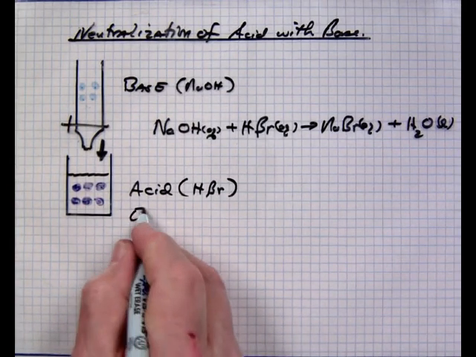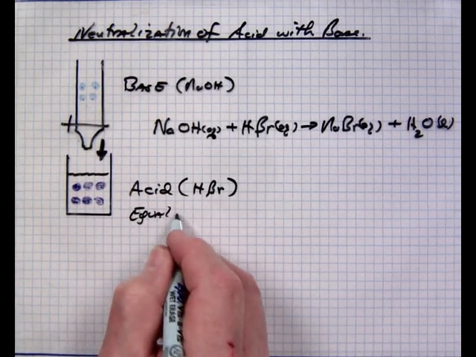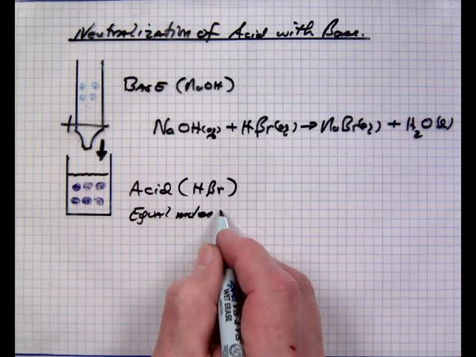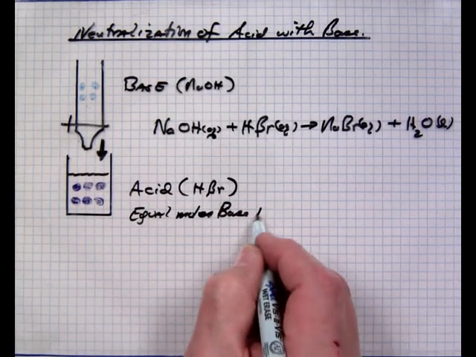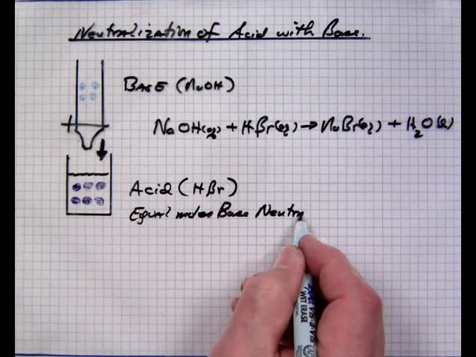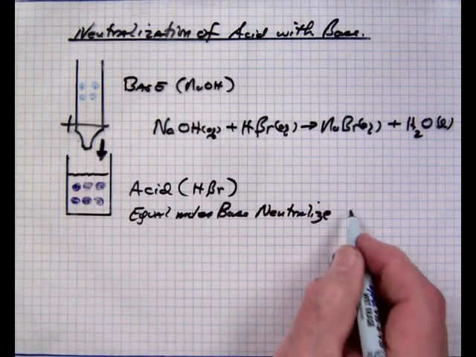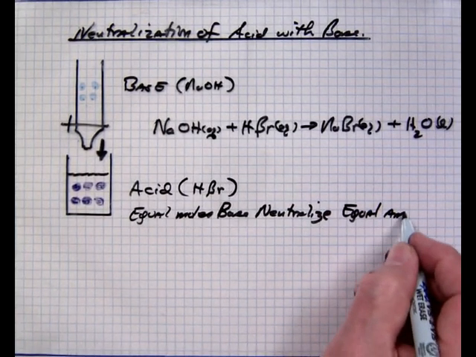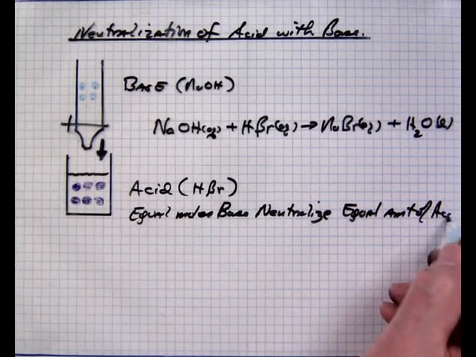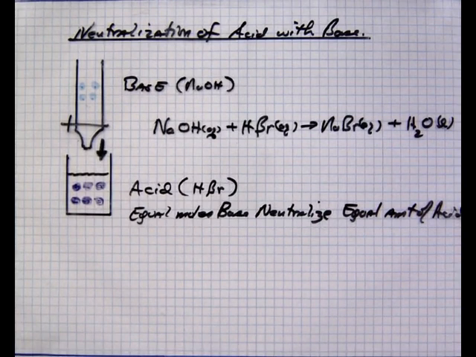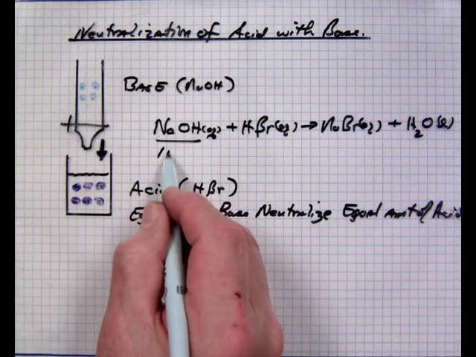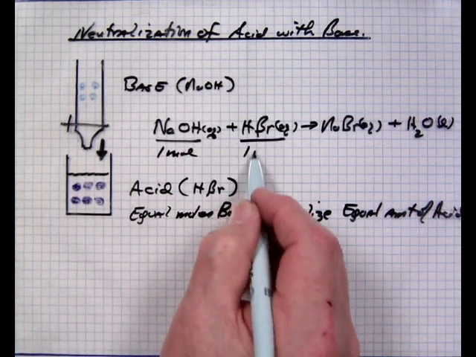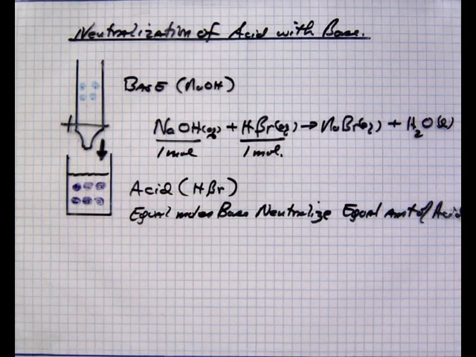So equal moles of base neutralize equal amounts of acid. According to this, 1 mole will neutralize 1 mole.